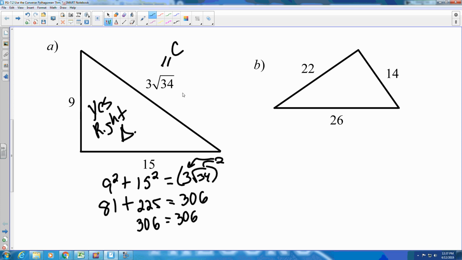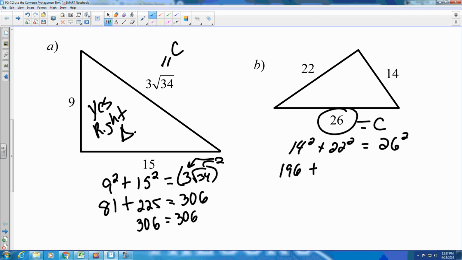For example B, it's a little easier since they're all integers. The largest value here is 26, so that's going to be my value of C. Now I have to determine if 14 squared plus 22 squared is going to equal 26 squared. 14 squared is 196, plus 22 squared is 484, and 26 squared gives us 676.